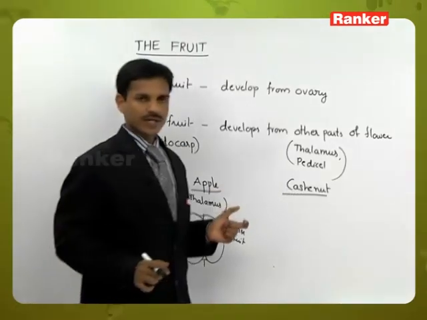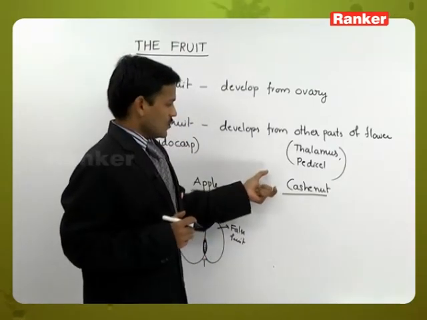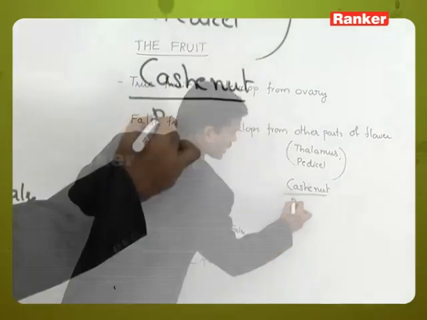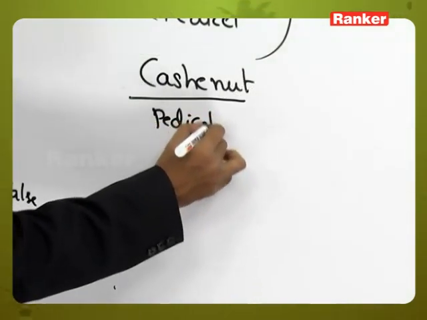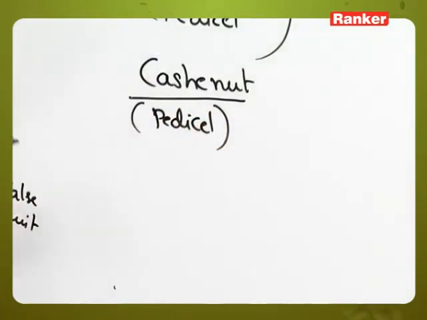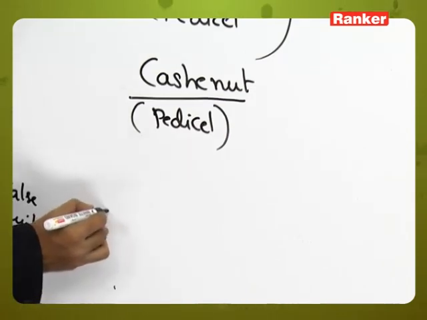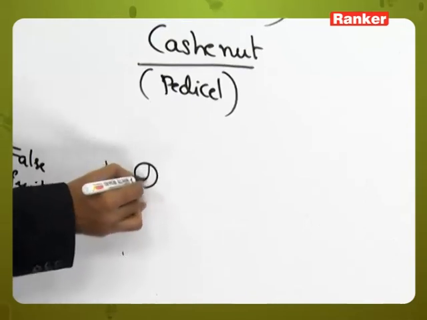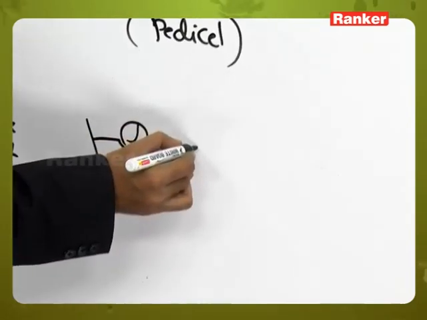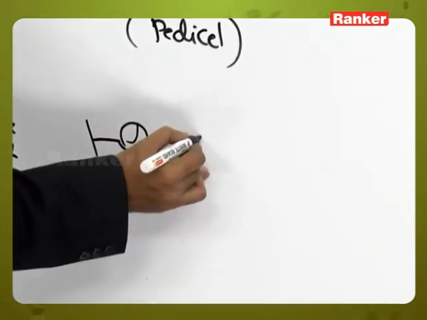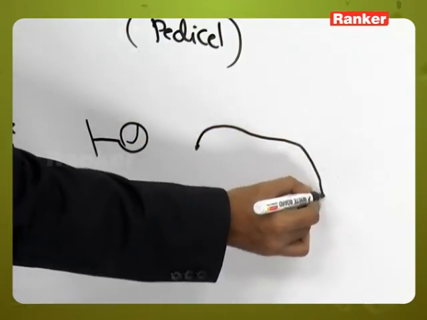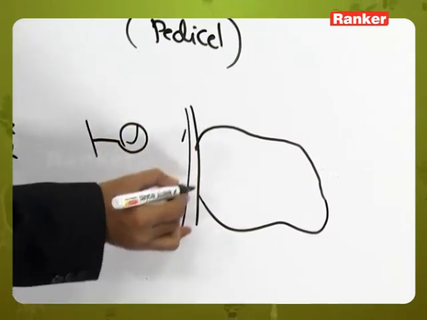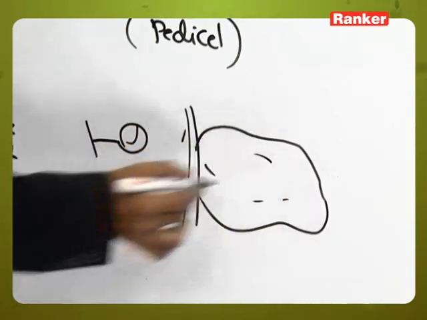And in cashew nut, the false fruit develops from pedicel. What is pedicel? Stalk of the flower. The stalk is developing into the fleshy part.